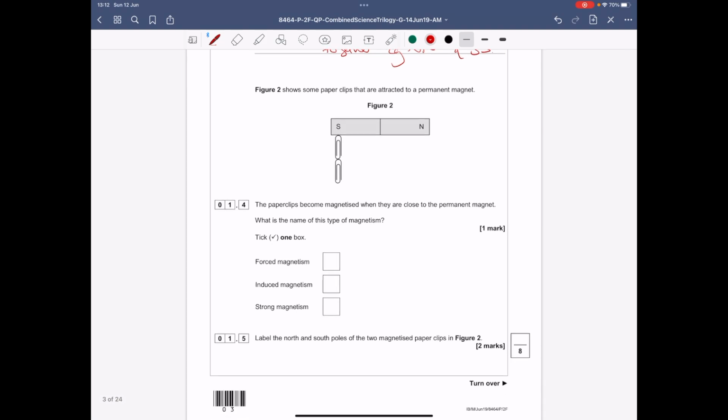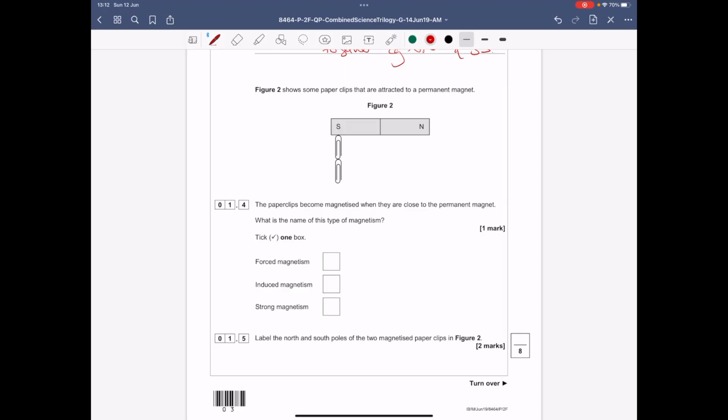So figure 2 shows some paper clips that are attracted to a permanent magnet. You've got the south pole and the north pole. The paper clips become magnetized when they are close to the permanent magnet. What's the name of this type of magnetism?